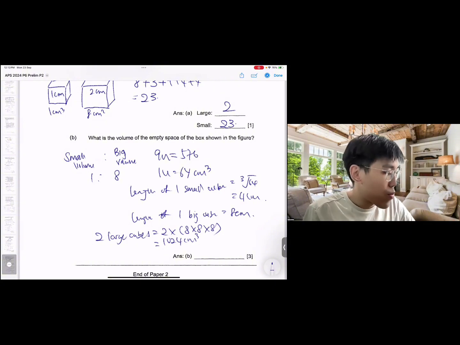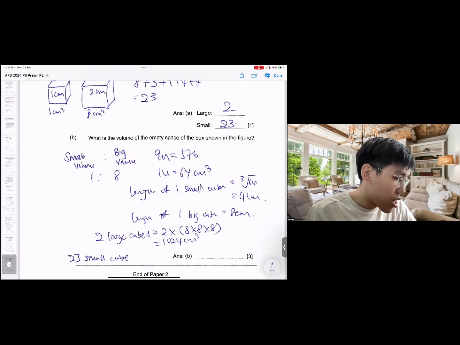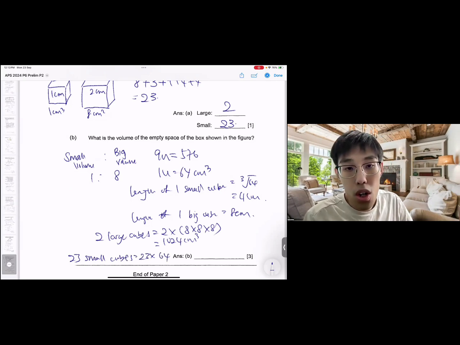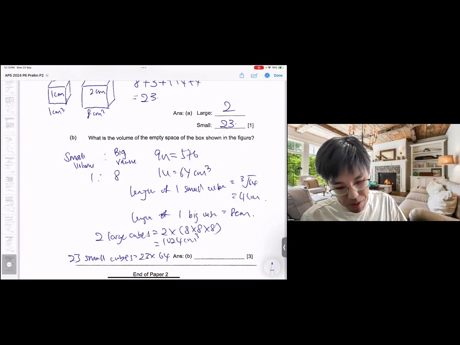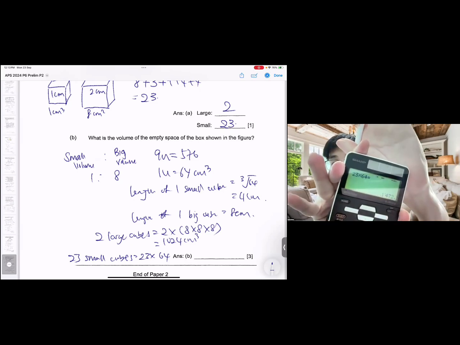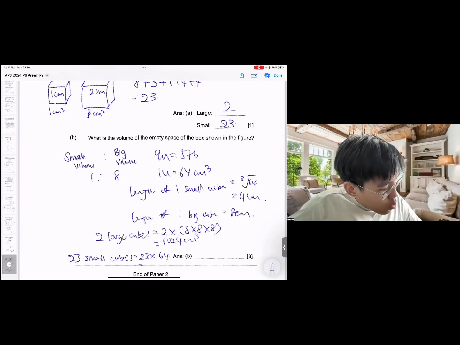At the same time, we need to find the 23 small cubes. That will be 23 times 64. Can you follow? 23 times 64. You'll get 1472. So this is 1472 cm cubed.